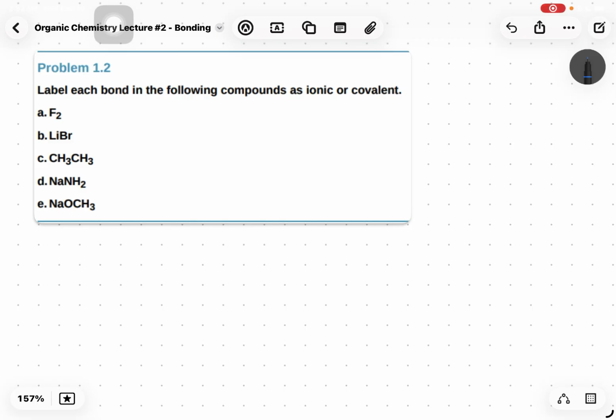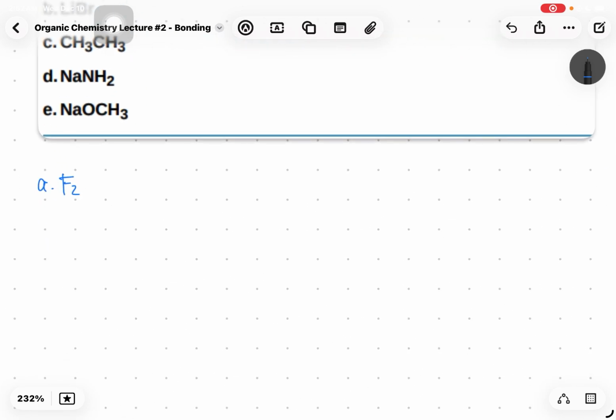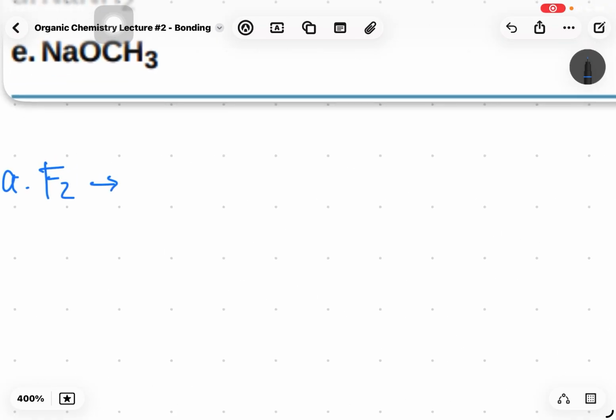Label each bond in the following compounds as ionic or covalent. So for the first one, F2, what would this be? This would be covalent. Why? From the surface, we already know that this is a nonmetal, fluorine, plus another nonmetal, still fluorine.